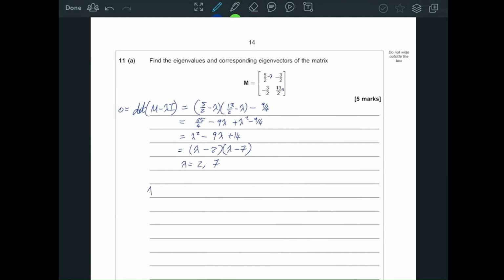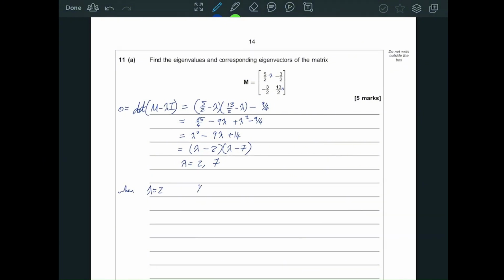And now we need to find the corresponding eigenvectors. So when lambda equals 2, we're going to have 5 over 2 is 2.5, so that's a half x minus 3 over 2y equals 0. If I'm subbing into the m minus lambda I version, we need to equal the 0 vector.